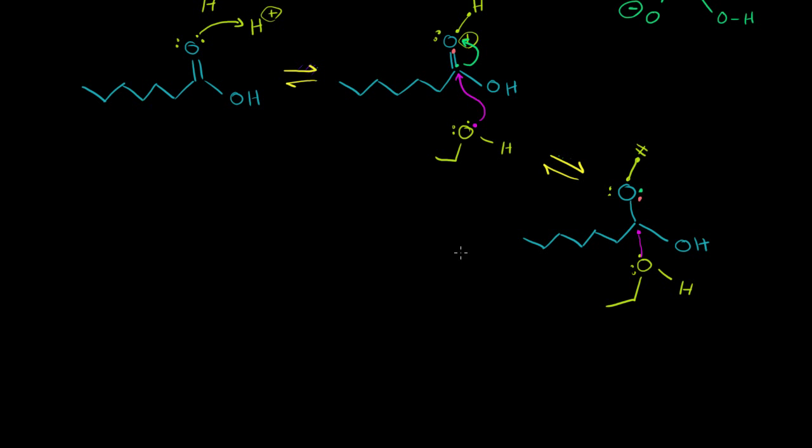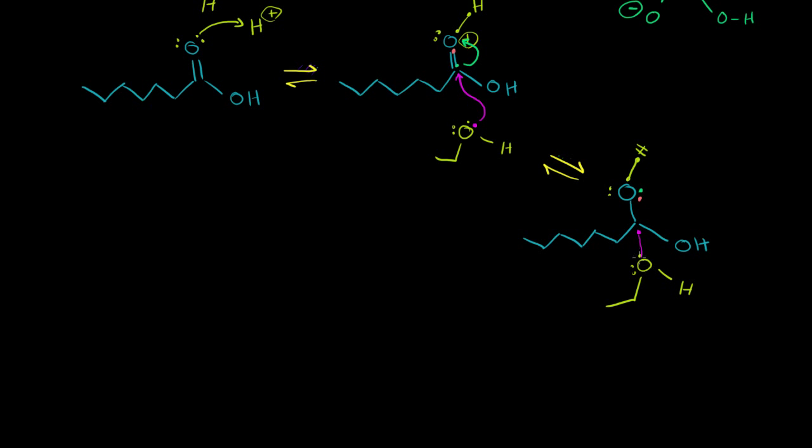So you can imagine the next thing that could happen is another oxygen could grab a proton from the medium. But before I do that, let me make sure this guy can lose a proton to the medium. So you could imagine a situation where this proton just jumps off.